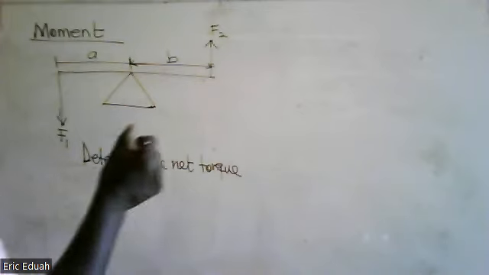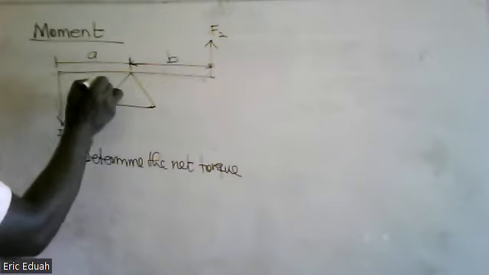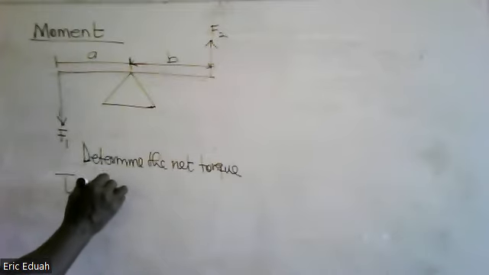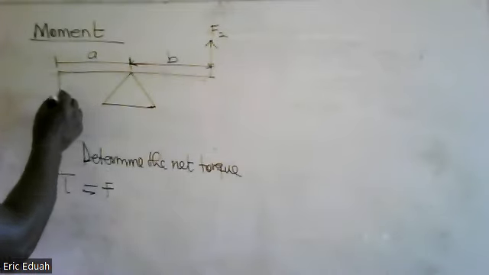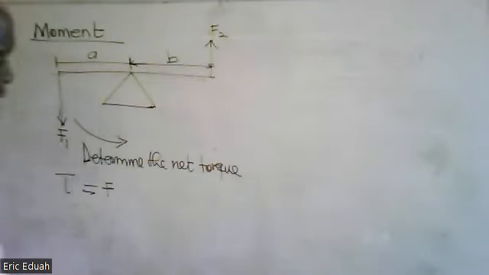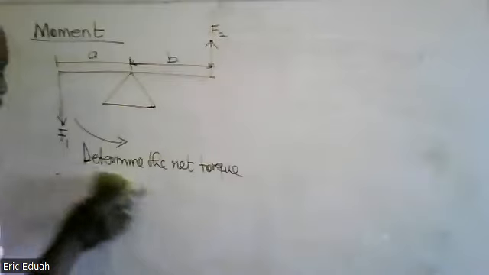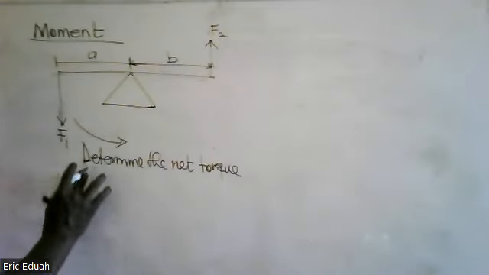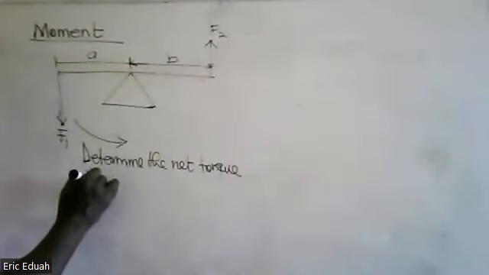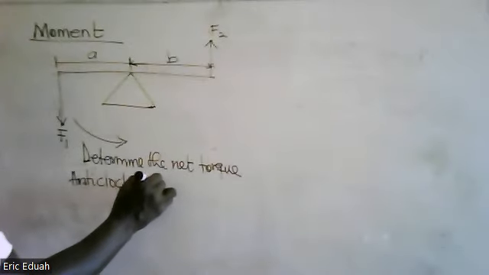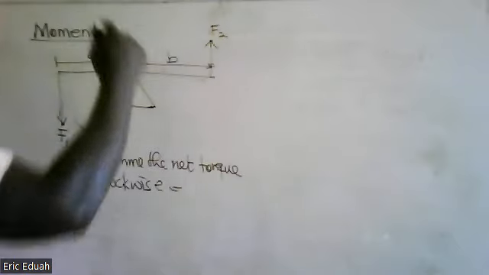But here, torque or moment is the product of force and distance. So we have this, you see, what is the direction of this? This is in an anti-clockwise direction. So we look for the anti-clockwise torque, and this is in an anti-clockwise direction.